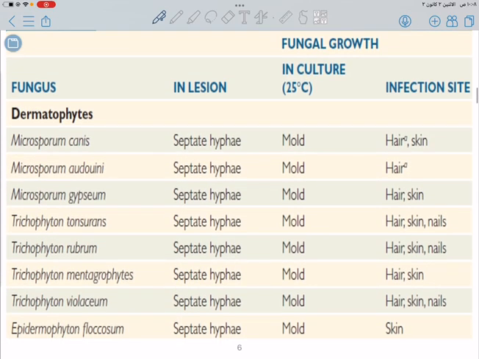Trichophyton can infect hair, skin, and nail, all three. Epidermophyton can infect only the skin. That's it. What I want from this table is this: Microsporum can infect the skin and hair, Trichophyton the three, skin, hair, nail, Epidermophyton only the skin.